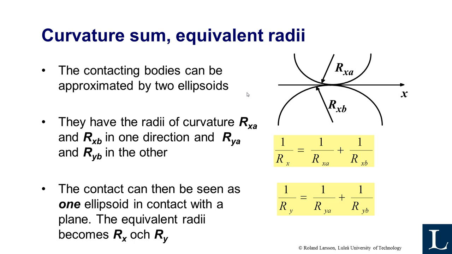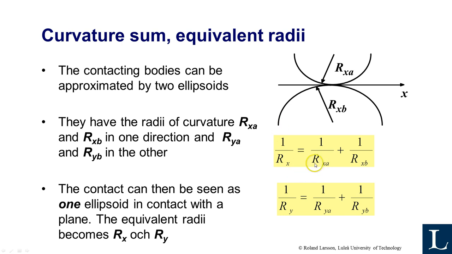First of all, before you do that, we need to define a number of parameters. In Hertz theory, he didn't use two ellipsoids in contact with each other. Instead, he used one ellipsoid in contact with a flat surface. What you do then is to try to find equivalent radii in the x direction and in the y direction, which is defined like this.